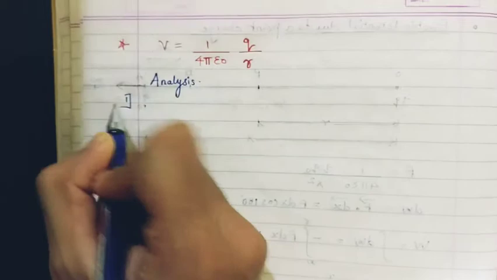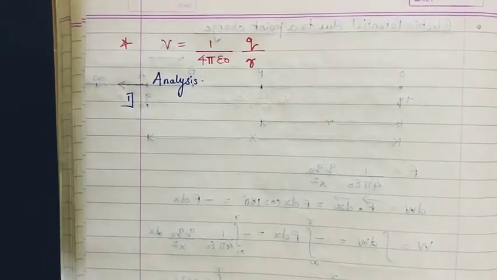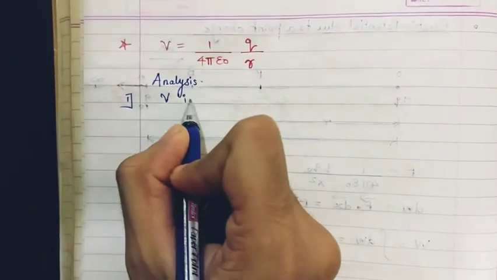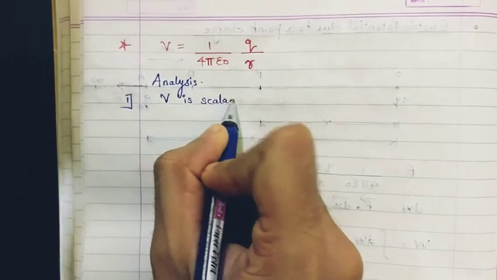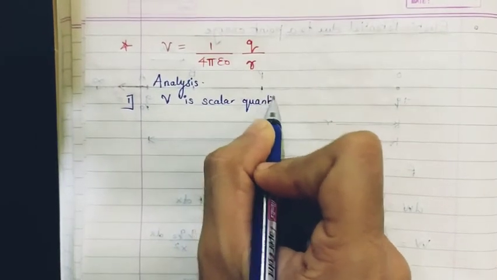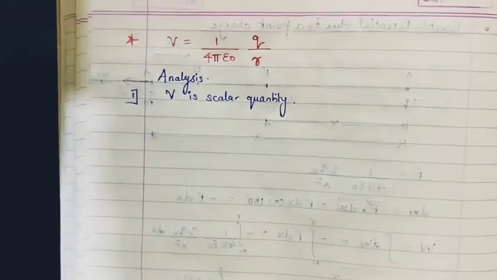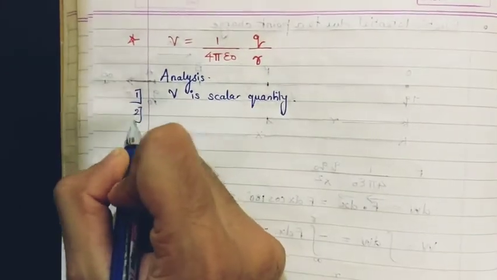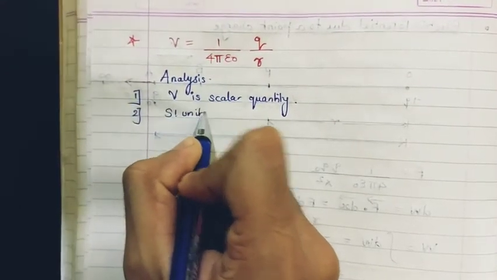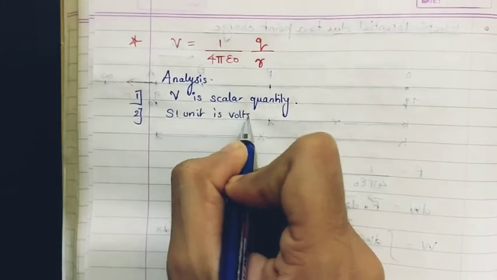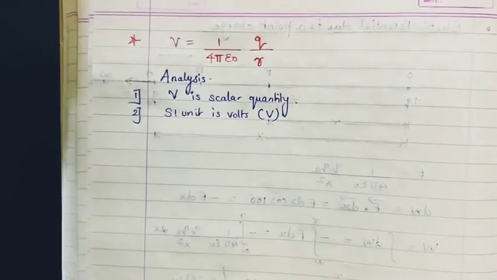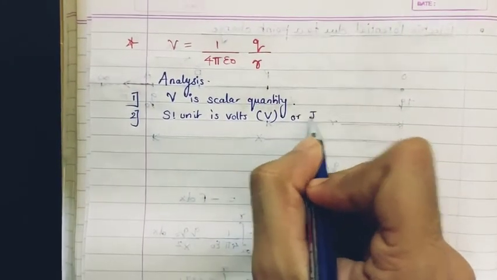Okay, so the first point over here is the electric potential is a scalar quantity. We know that the SI unit of V is volts, correct, which is represented by capital V, or it is joules per coulomb.